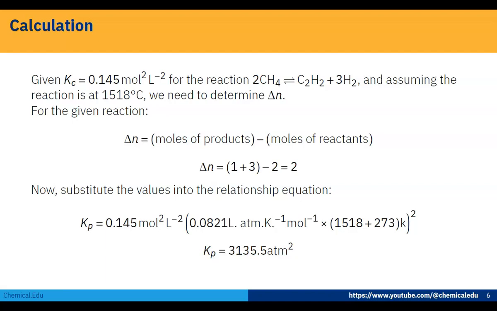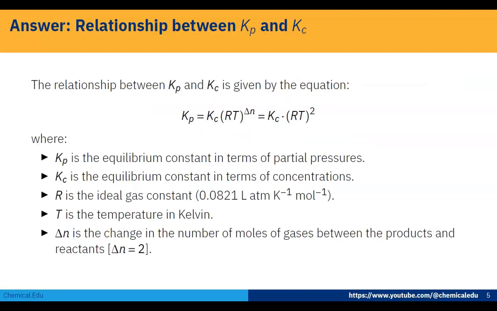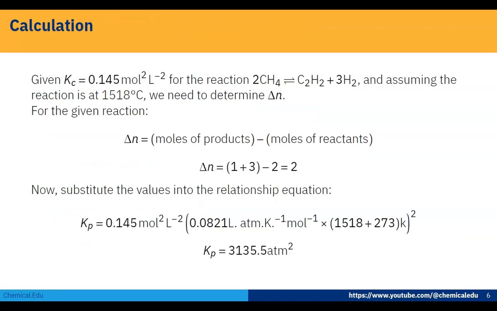So now if we substitute everything, Kp is equal to Kc (RT) to the power 2. So Kc is 0.145 mol² L⁻², and R is 0.0821 L atm K⁻¹ mol⁻¹, times the temperature converted from degree centigrade to Kelvin, so 1518 plus 273 Kelvin, whole square.